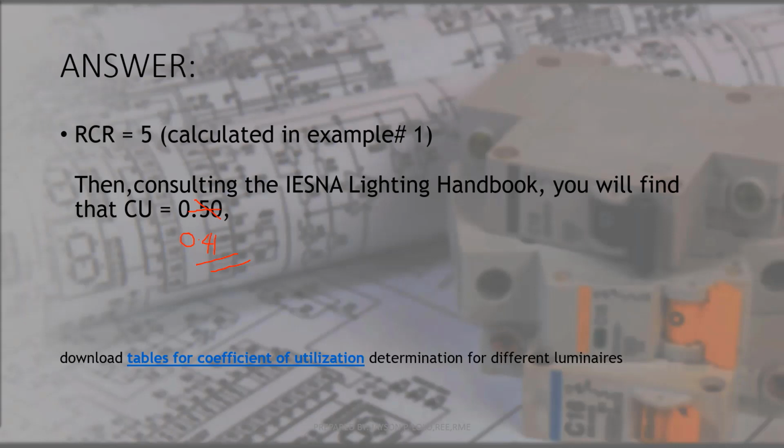Now you can search that brand on the internet if there's a table specific or light distribution data na ilang gi-provide. Okay, so CU values are listed in tables for different room geometries and room surfaces reflectance.